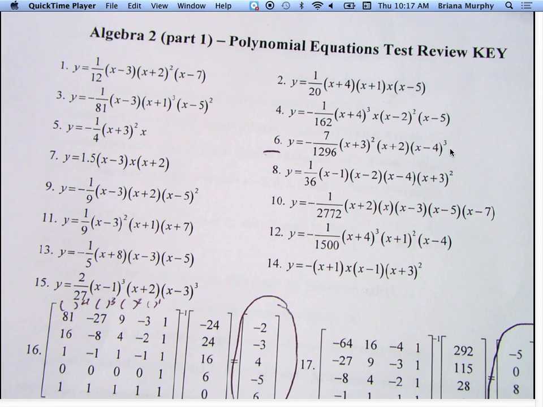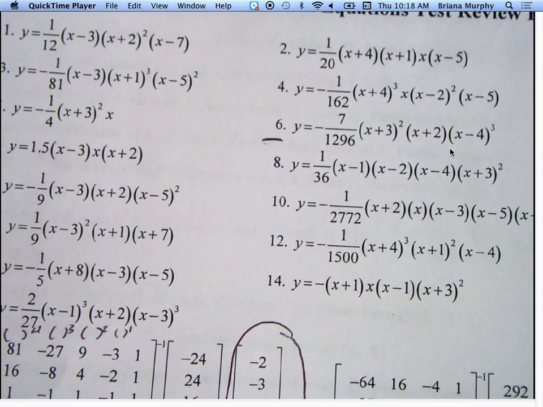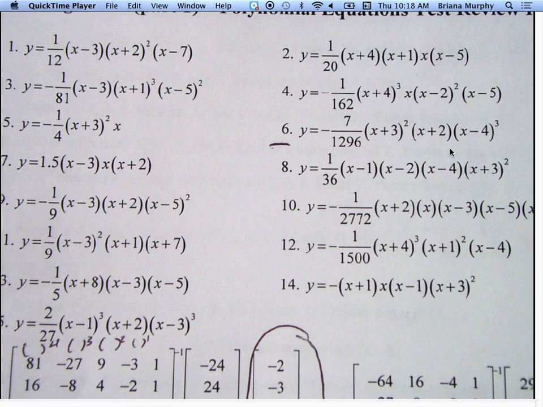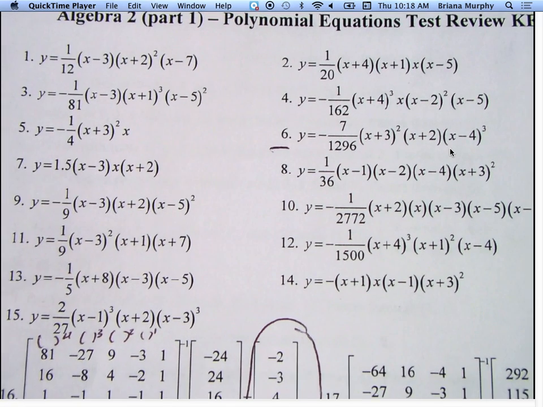Okay, which ones of those do you want me to go over? Or do you just need another minute to get them all done? Is there any that you would like me to repeat?